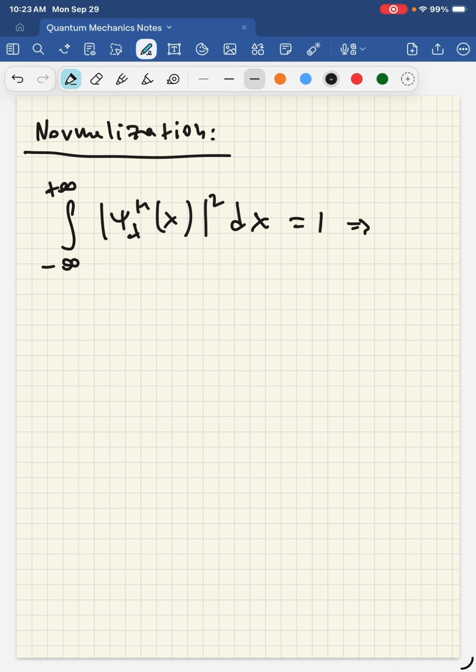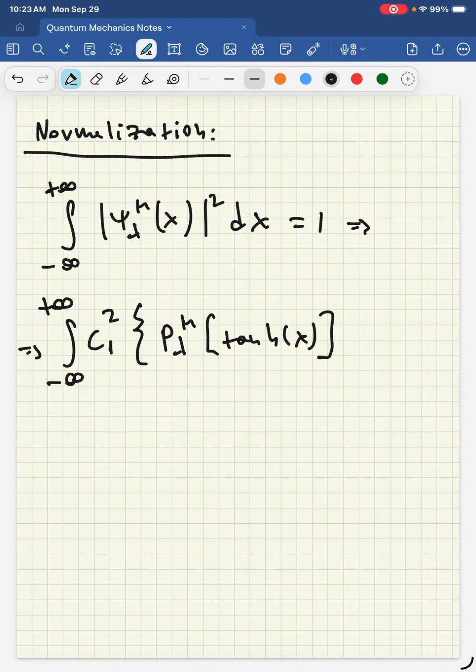So the integral from minus infinity to plus infinity of c1 squared times the polynomials of tanh of x, squared, dx must be 1.